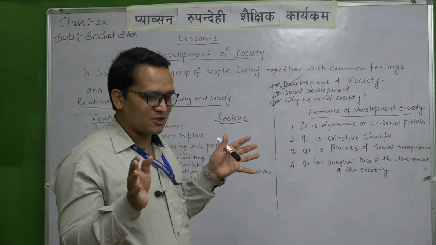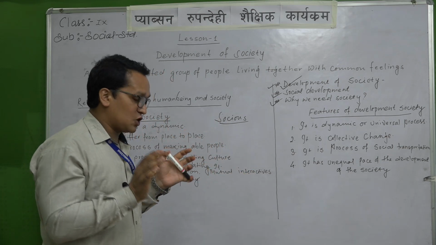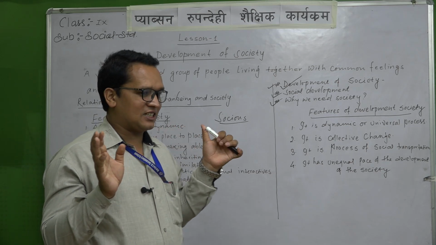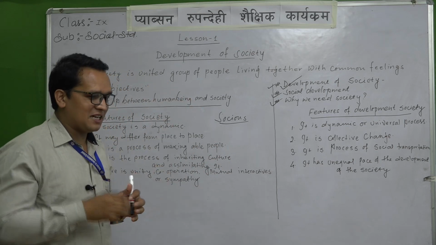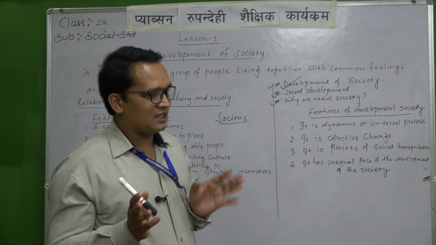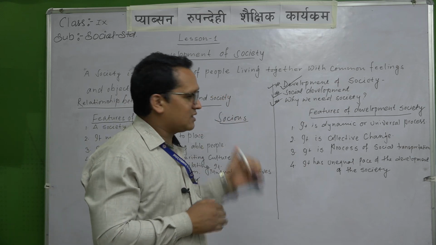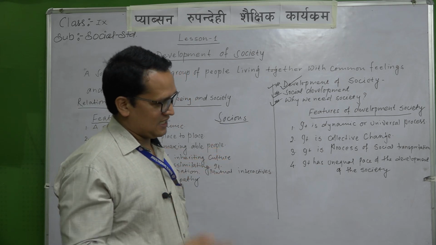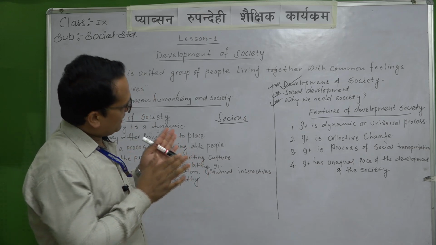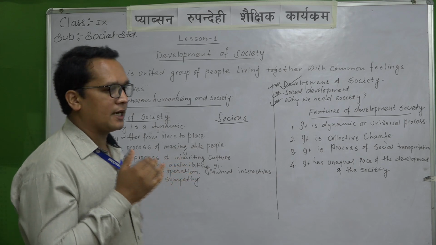Universal truth: the sun rises from the east, man is mortal. All these are examples of a universal truth. Like that, the development of society is a universal process. It is changeable, it is positive, it exists in every society, and in that way society is being developed day by day.